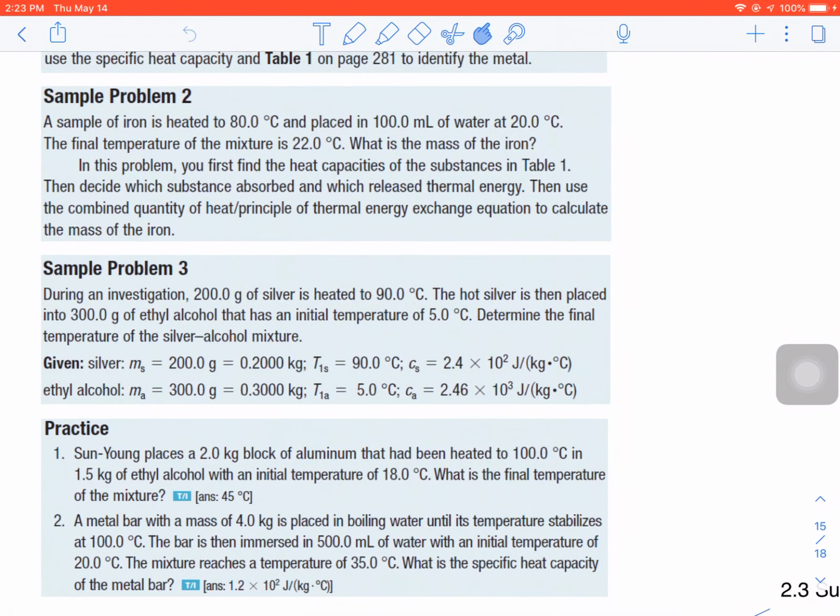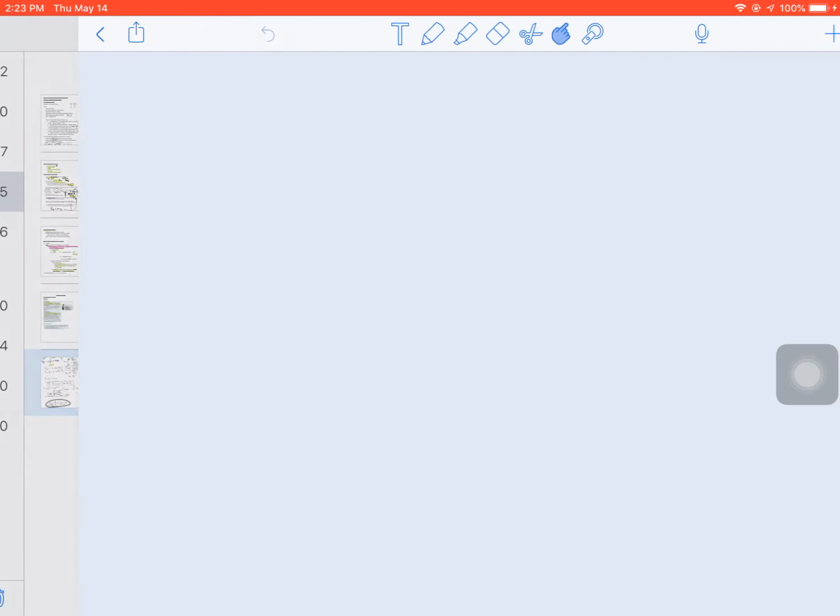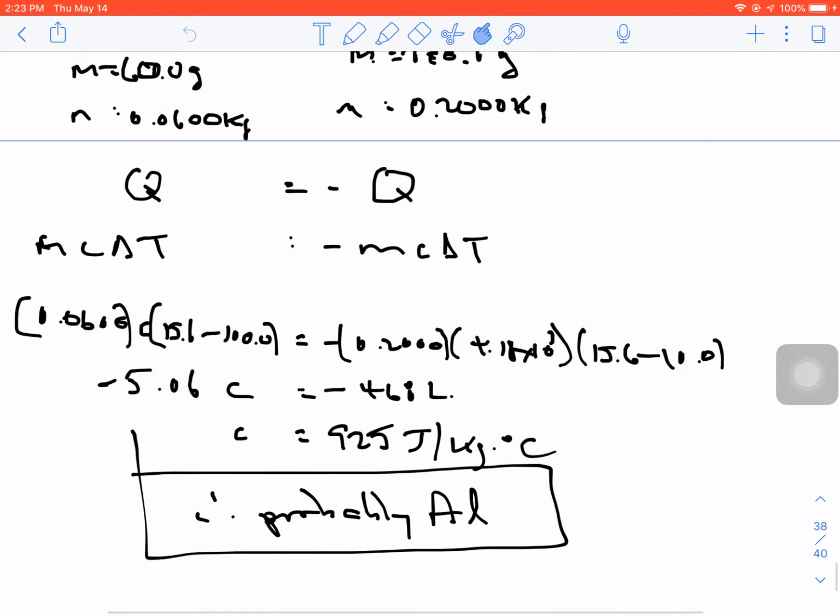If I look at sample number 2, it says a sample of iron is heated to 80 degrees and then it's placed in water at 20 degrees and the final temperature is 22, and it says how much iron did I use? Okay, so let's go down to my whiteboard and let's do the same thing that I just did a moment ago. This is sample number 2, and I've got a hot plus cold.